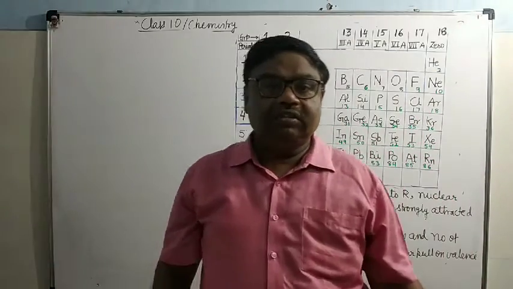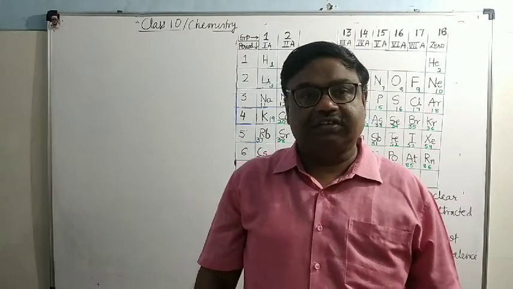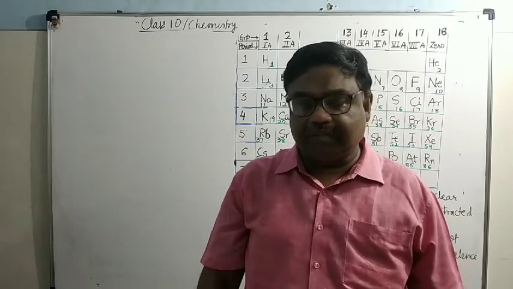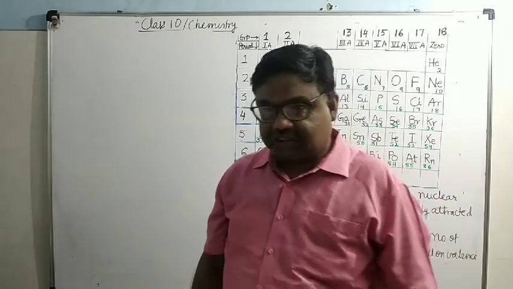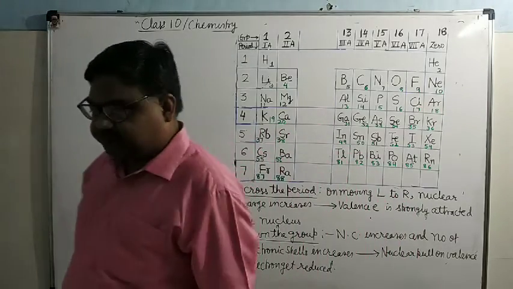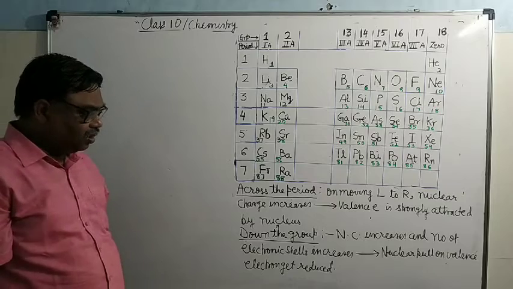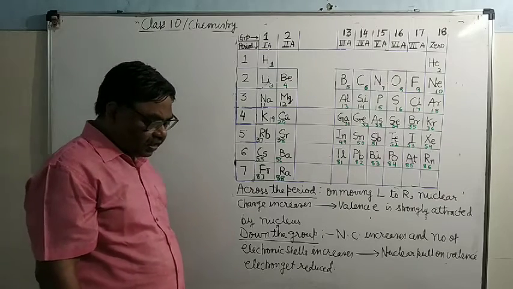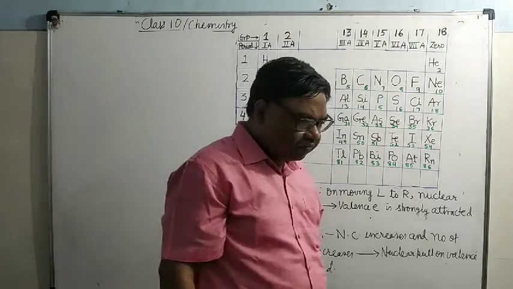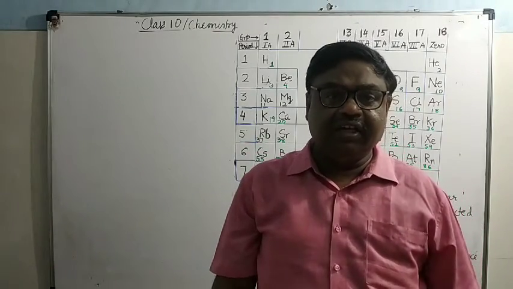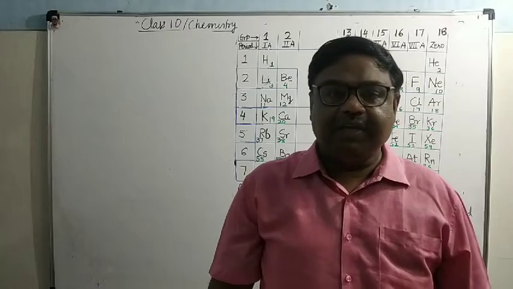Hello students, in this lecture of class 10 chemistry on the modern periodic table, today I will discuss some more periodic properties. Yesterday we discussed the atomic size and the variation of shells, number of valence electrons and valency in a group and in a period.